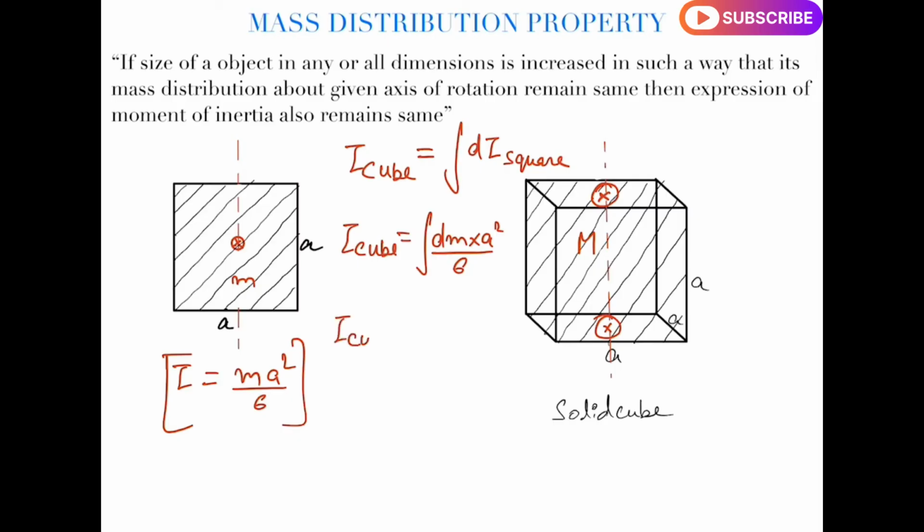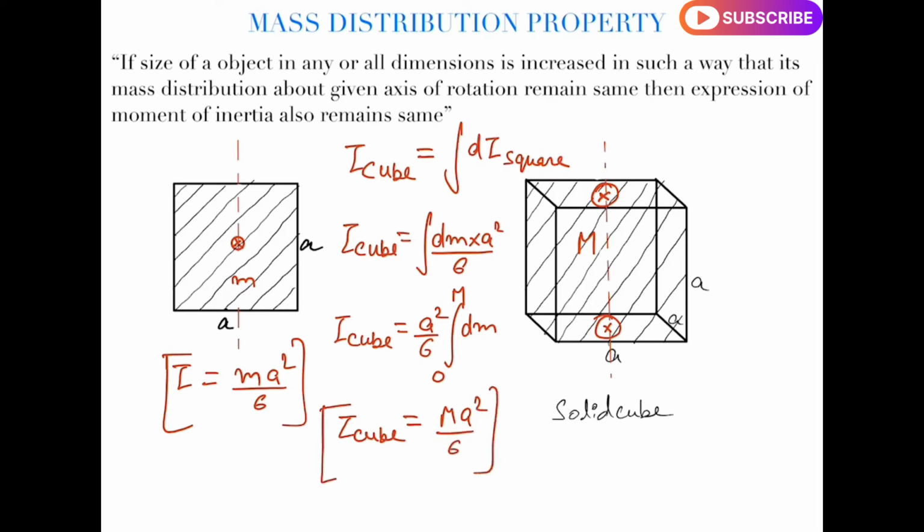Now I cube will be equal to a square by 6 times the integration of dm, and the limit of dm would be from 0 to m. So I cube will be equal to m a square by 6, where m is the mass of this cube.